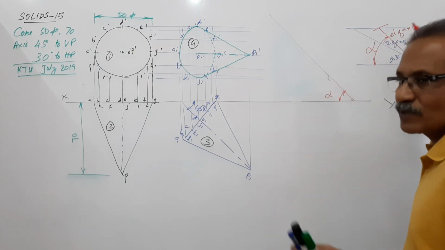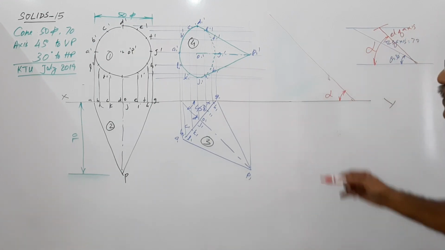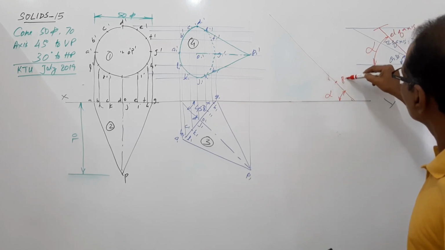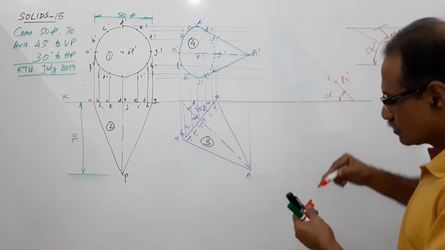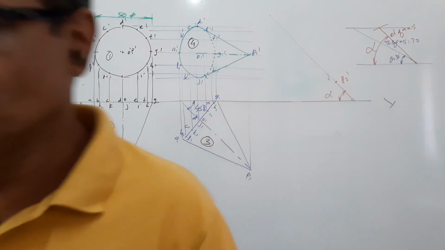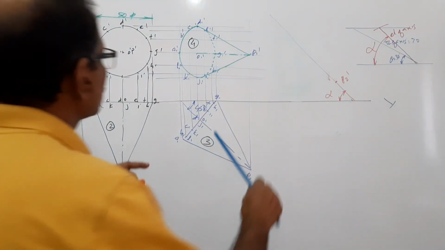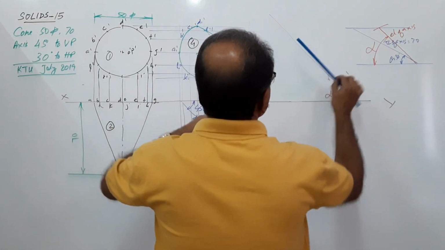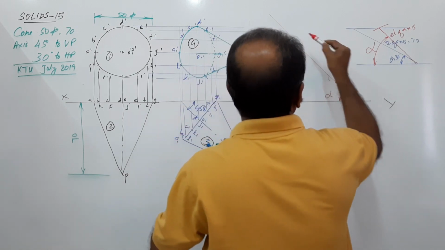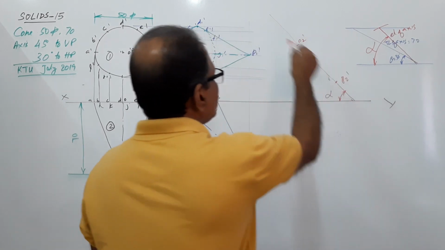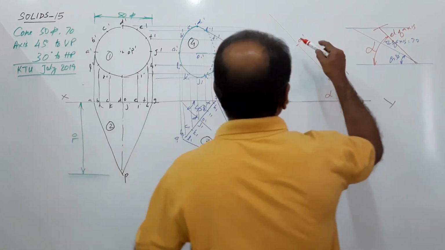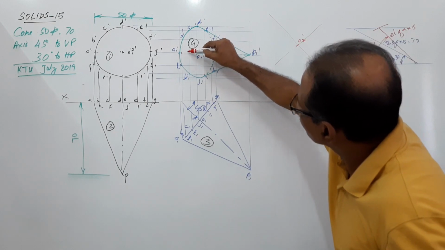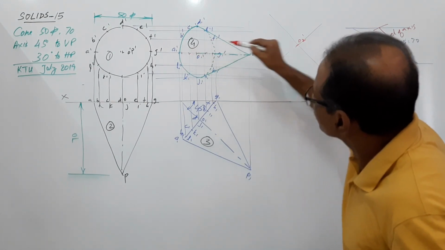Alpha, I don't know how much it is, whatever you get, draw a line. On this line, choose P2 dash and O2 dash. Let us take proportionate distance. Draw these lines. I am identifying these points.